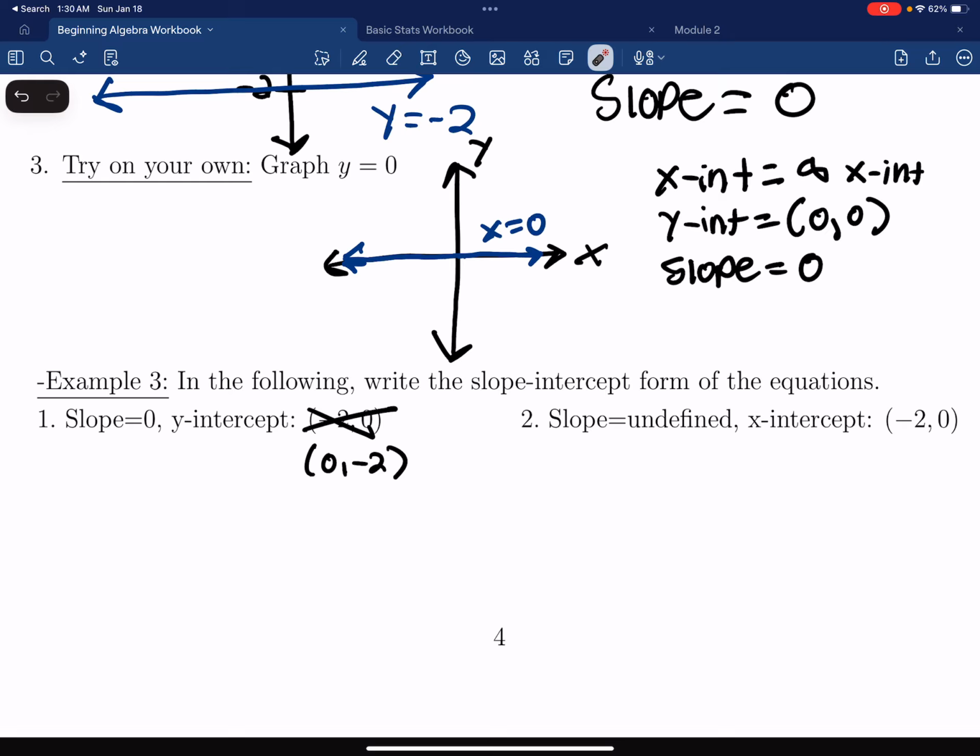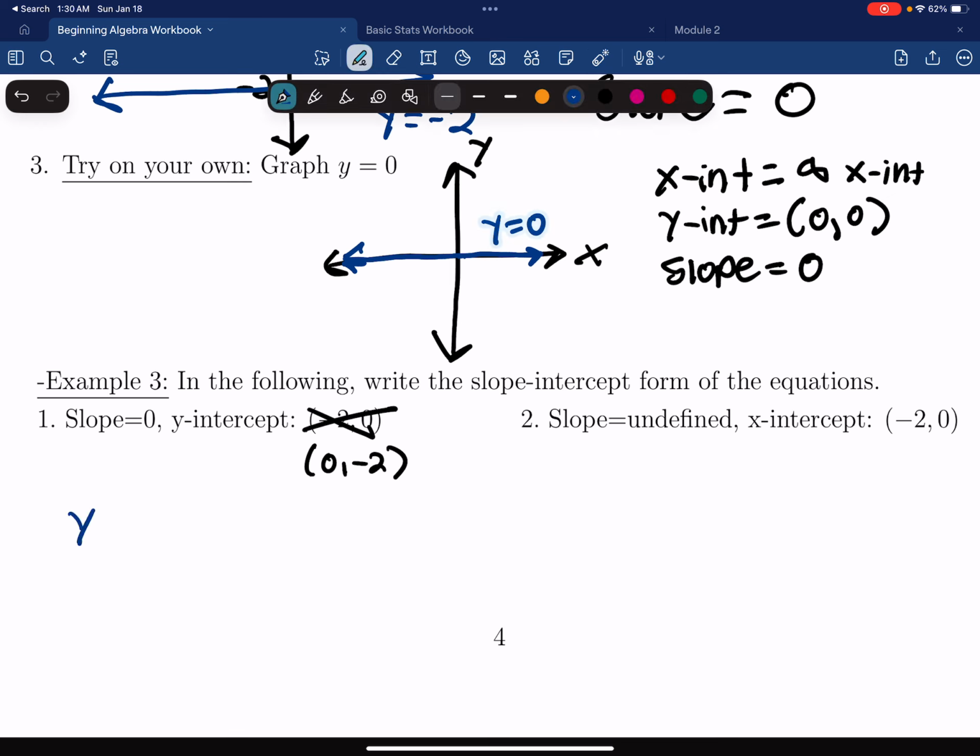And when we have a horizontal line, we know that means that we have y equals some number. And because this line is crossing through the y-axis, because we have a y-intercept, that means that we're crossing through the y-axis specifically at -2. So this equation is going to be y equals -2.